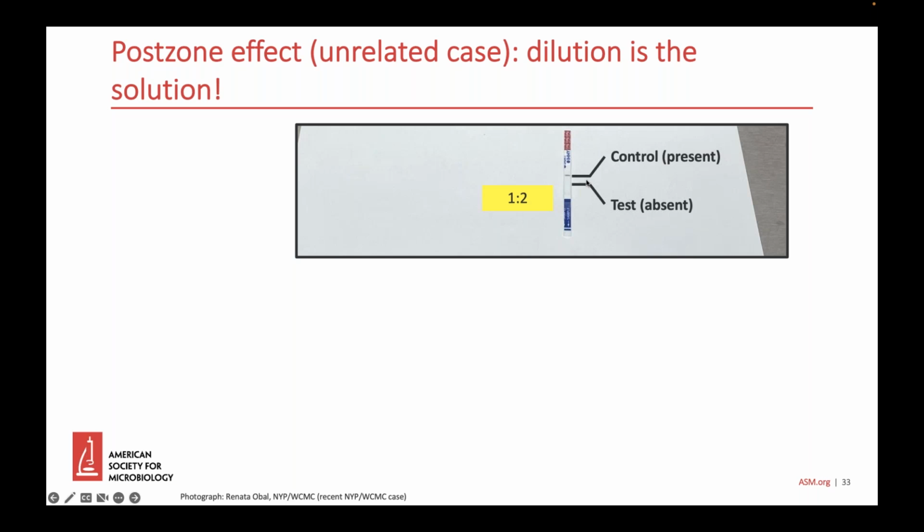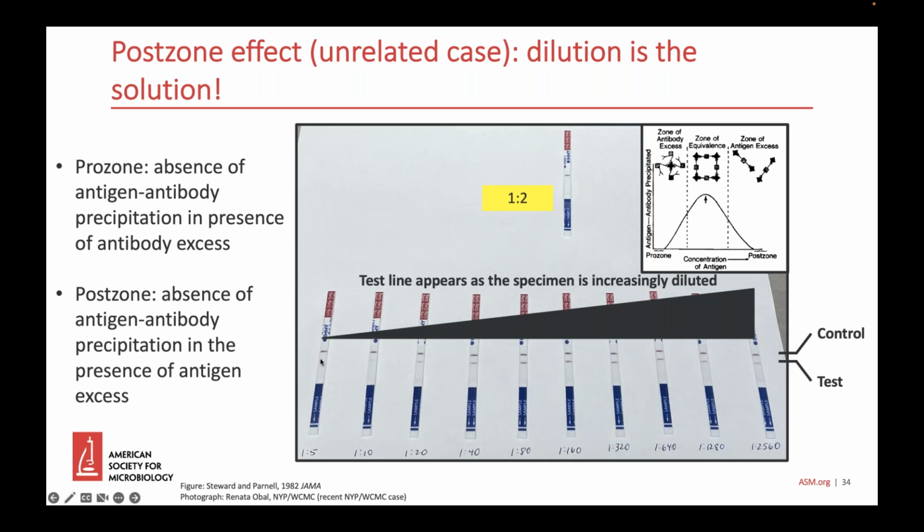But the provider felt very strongly that this could be cryptococcosis and asked us to do the dilution is the solution. And so once we did that, here's the dilution series, increasingly diluting out. I hope you appreciate that you start to see that test line appear. So this was a classic post-zone, often erroneously called pro-zone effect.